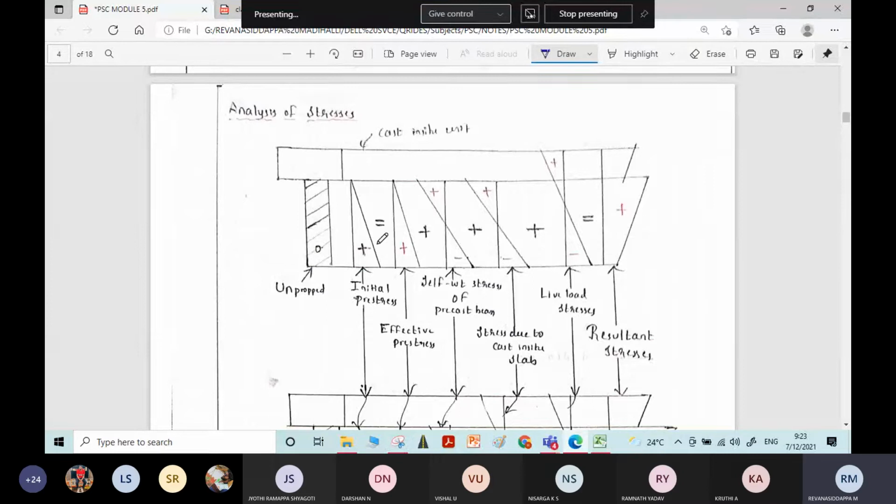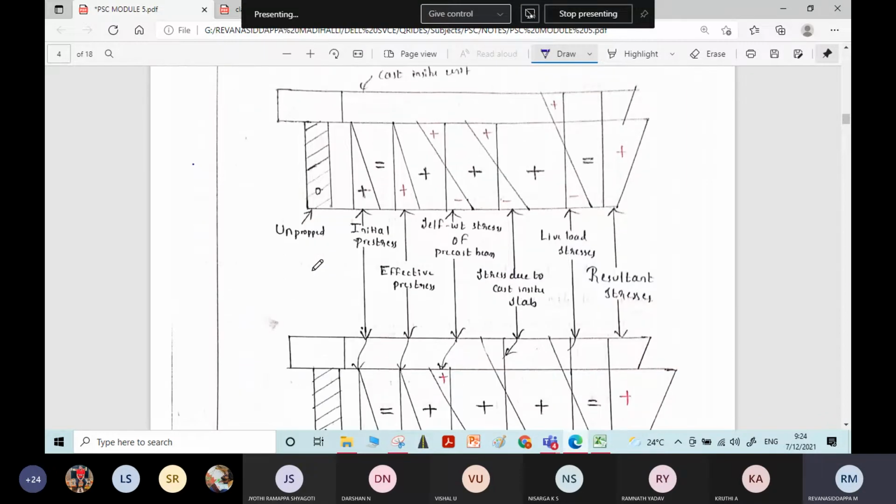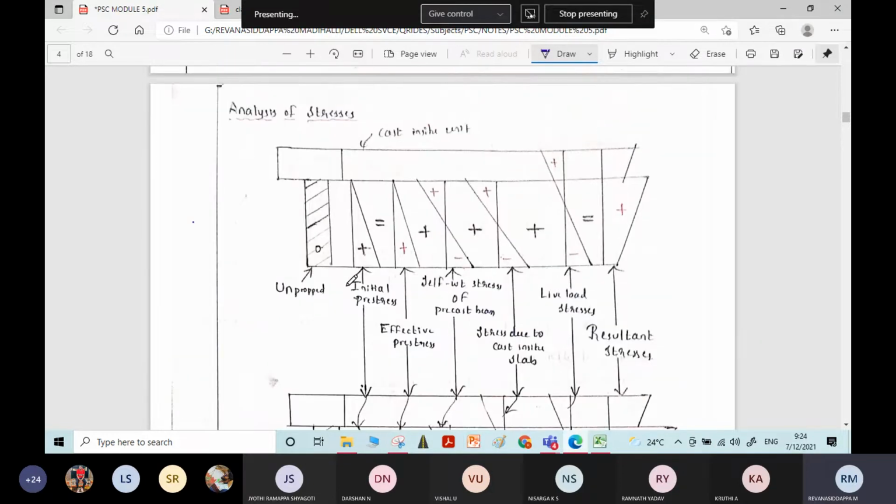Everyone, listen carefully, because it is required for solving the problems. If you do not understand this, you will get confused in solving the problems. Understand it clearly.